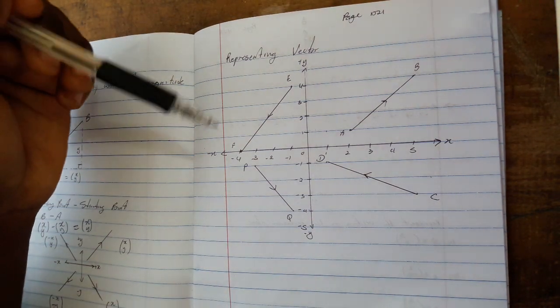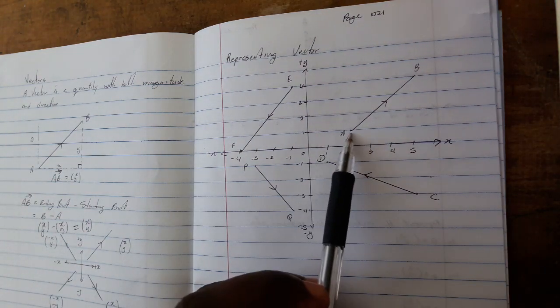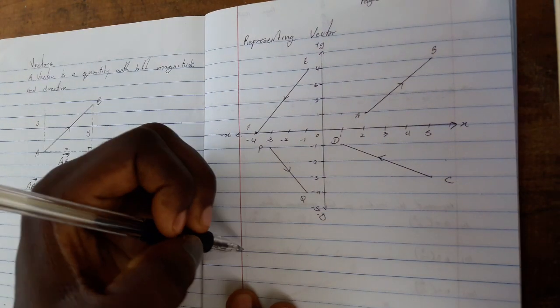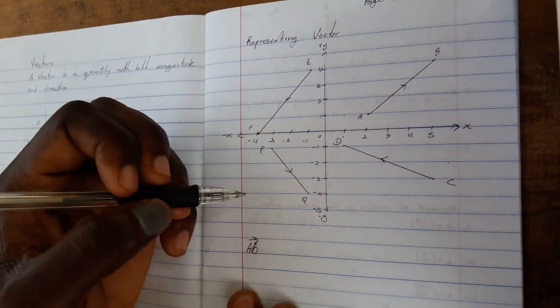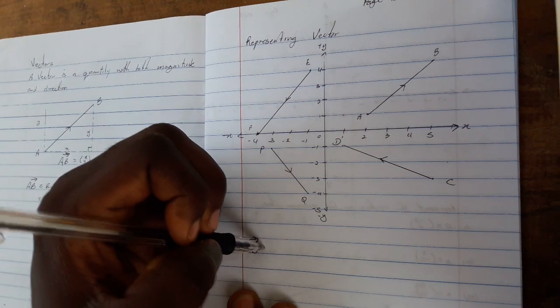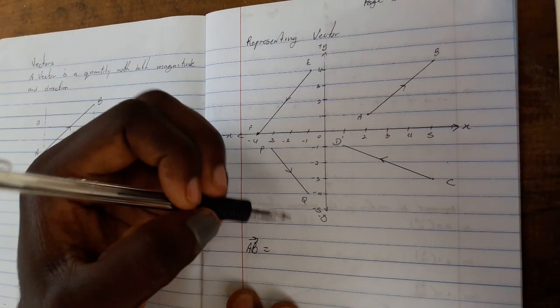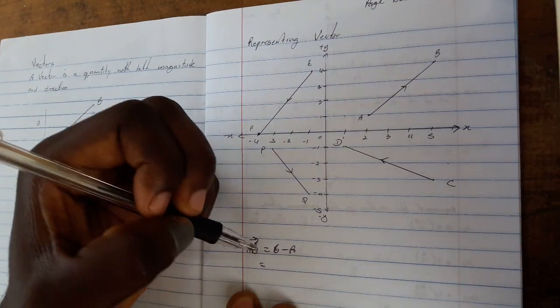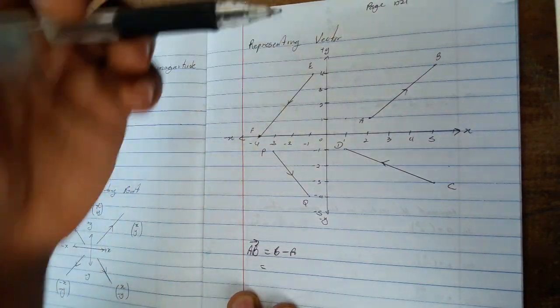Good. Now, let's start with the vector AB. It starts at A, ends at B, so it has to be written as AB with the arrow on top. Right? And AB is equal to ending point minus starting point, which is B minus A. These are the coordinates 5 and 4.